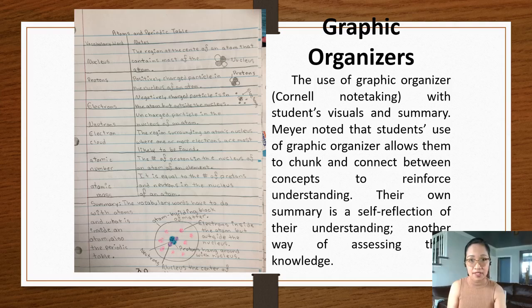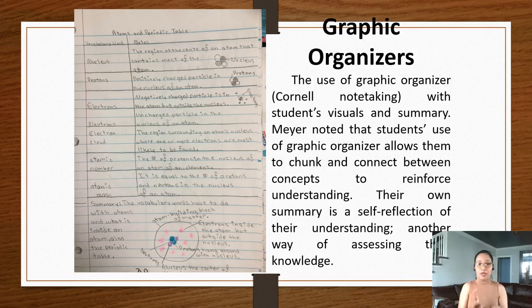So as you can see, this is a note-taking strategy where students do take notes. In this example, we have vocabulary words in the first column and notes in the second column. But as you can see down at the bottom, they also have pictures or diagrams. Now, it's important for these students to show their understanding in different modalities. They can use words, they can use diagrams, they can use pictures.